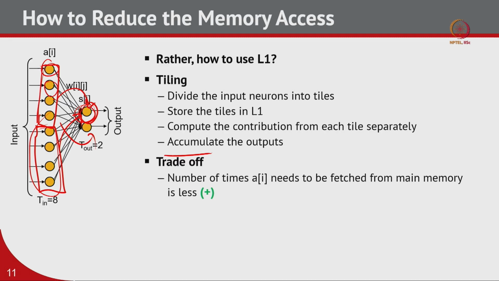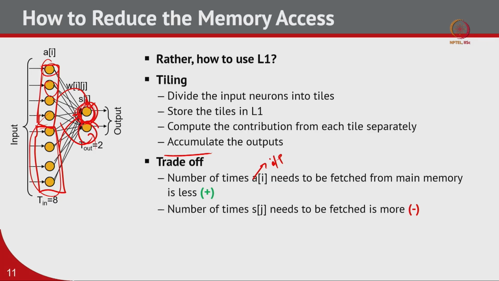So the number of times AI, which is nothing but the input activations, needs to be fetched from main memory is definitely less, but at the same time the number of times Sj needs to be fetched is more. We have to store the partial sums of S0 and S1, and only then can we fetch the next tile and accumulate with the previously computed partial sum.